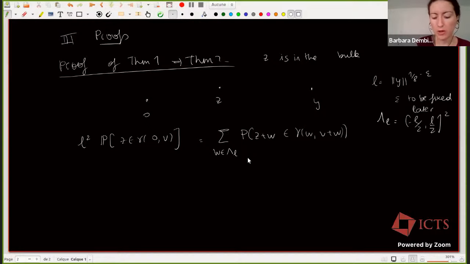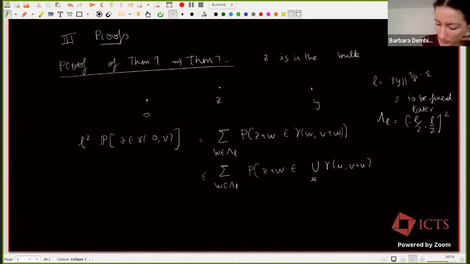And here L squared is really the size of Lambda L up to some constant. And now I can upper bound this by the sum over the union over U of gamma U to V plus U, with U in Lambda. Here I make the probability bigger because it's a larger set than before.